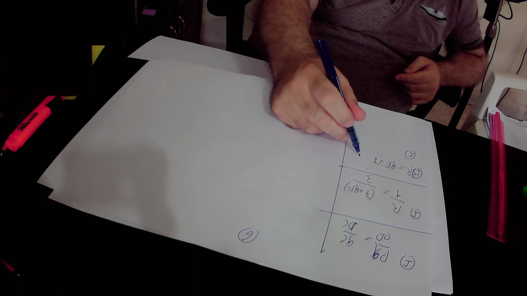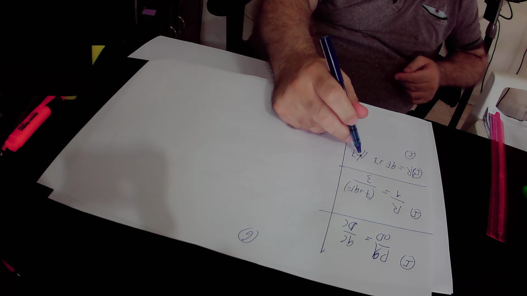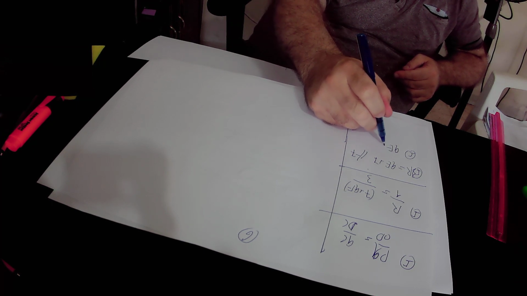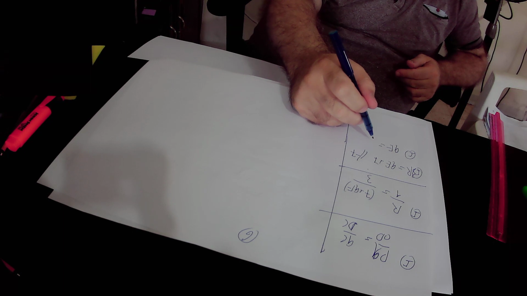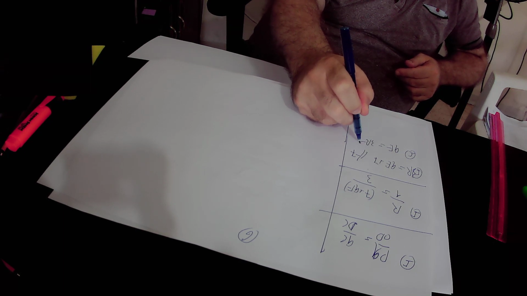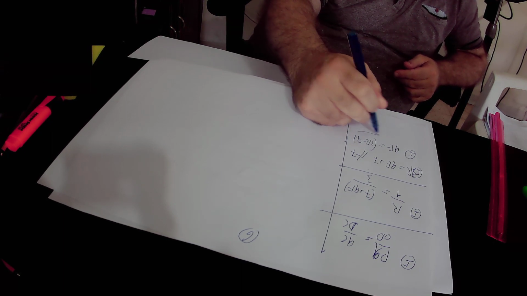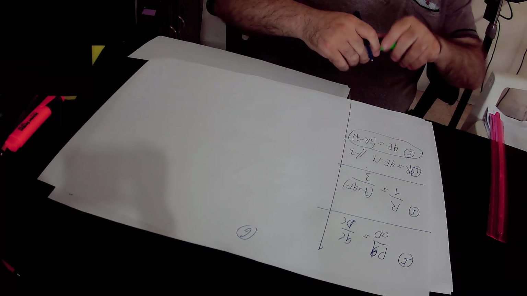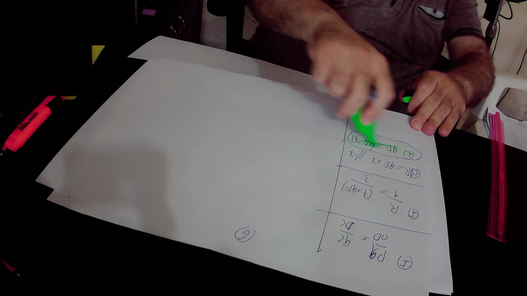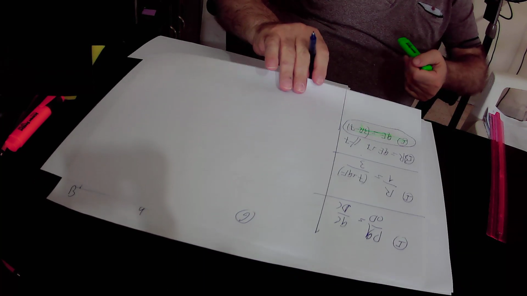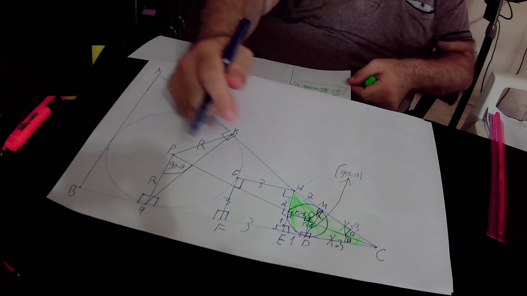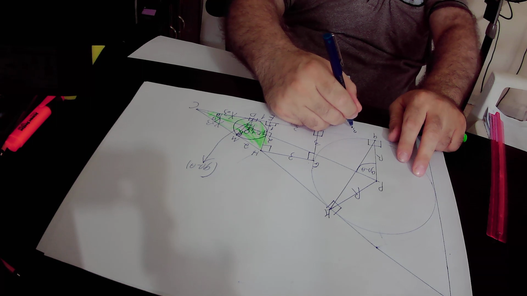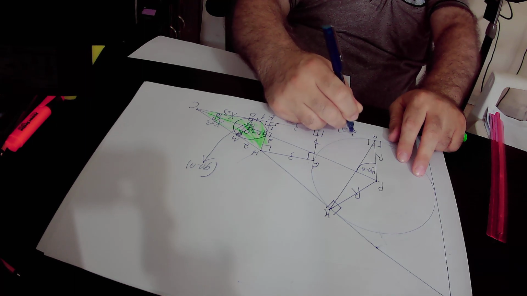Here we subtract 7 from this equation, and we get that QF is equal to 3R minus 7. So we can write in the drawing that QF is equal to 3R minus 7.